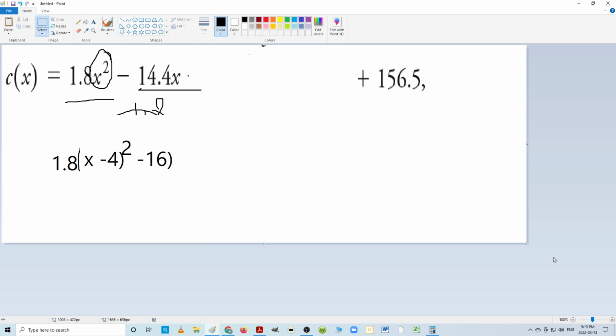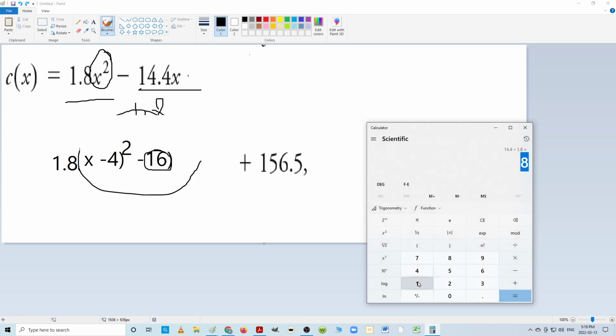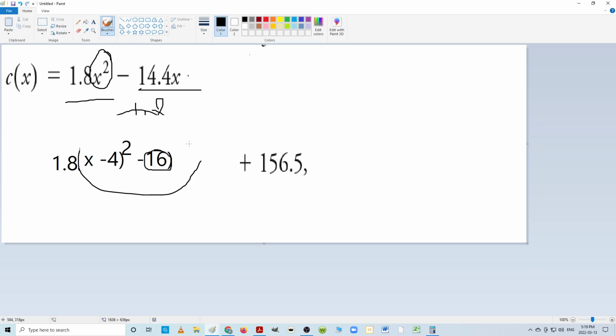And that's because I'm not done with it yet. I now must get that minus 16 out of the bracket by multiplying it by 1.8. And I get that. So that means to get it out of the bracket, it's going to look like this.